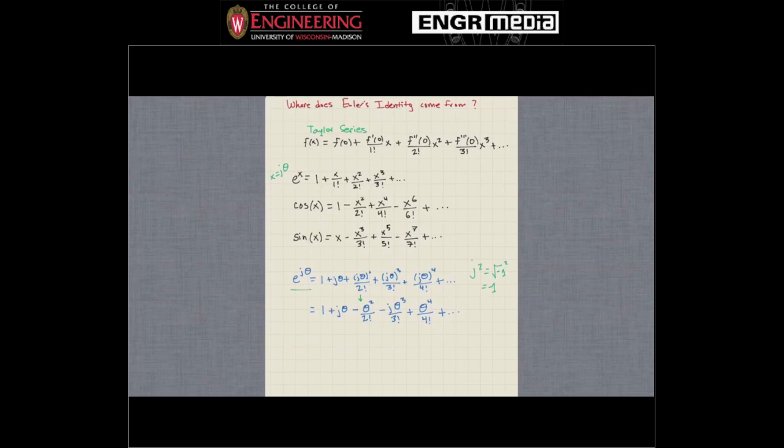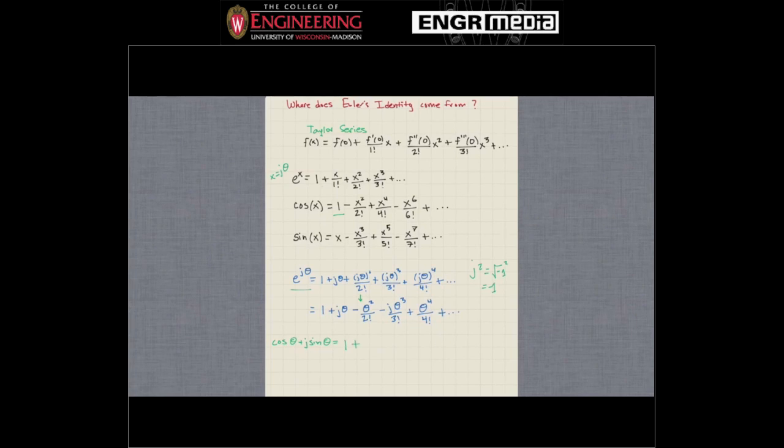So the next thing we want to do is write out cosine of theta plus j sine theta and look at the first few terms in the Taylor series expansion. Let's take this cosine term first. So we get a 1 here.